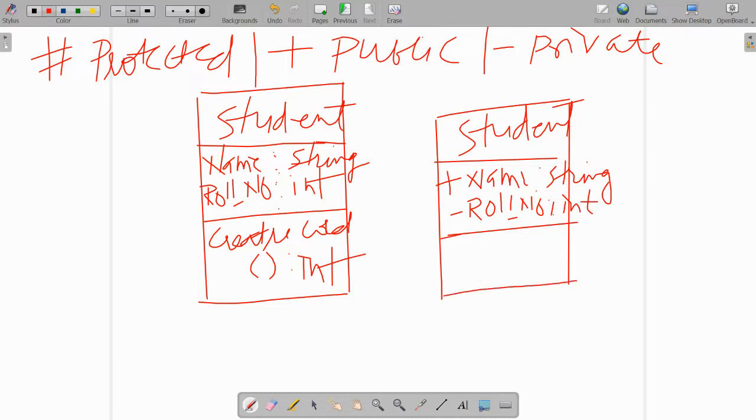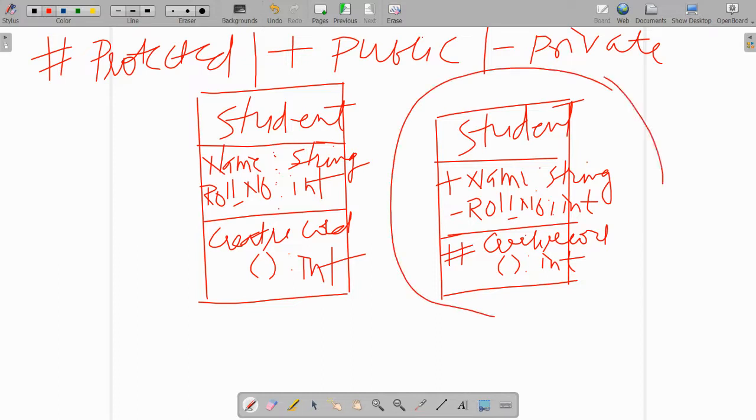Then suppose I want the operation should be protected, I can just introduce hashtag create record, bracket and int. So ultimately, this is a class diagram.